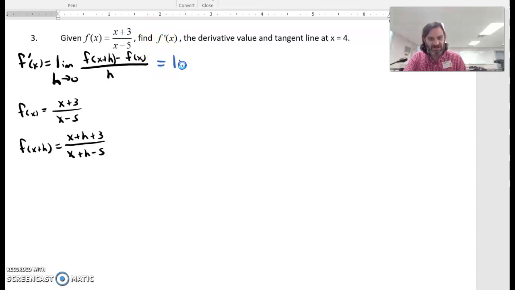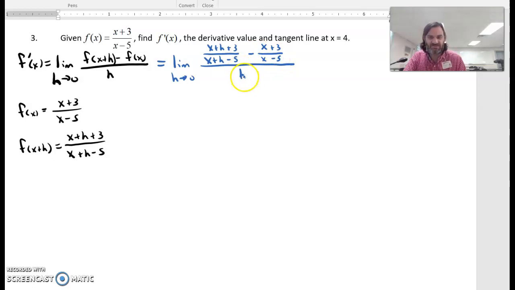Our limit as h approaches 0 of f of x plus h will be x plus h plus 3 over x plus h minus 5, and that'll be minus f of x, which will be minus x plus 3 over x minus 5. And all that is over h.